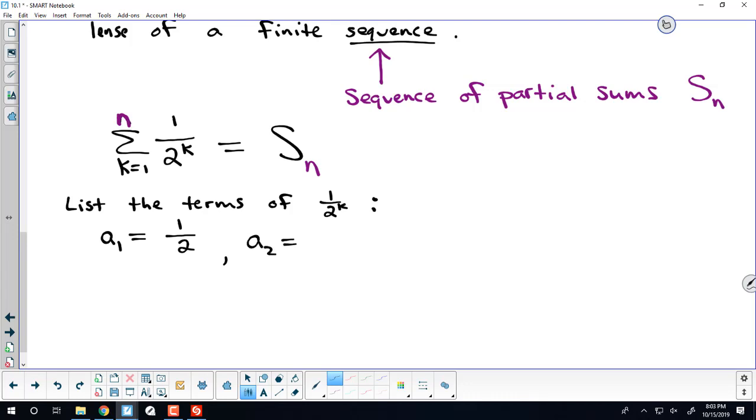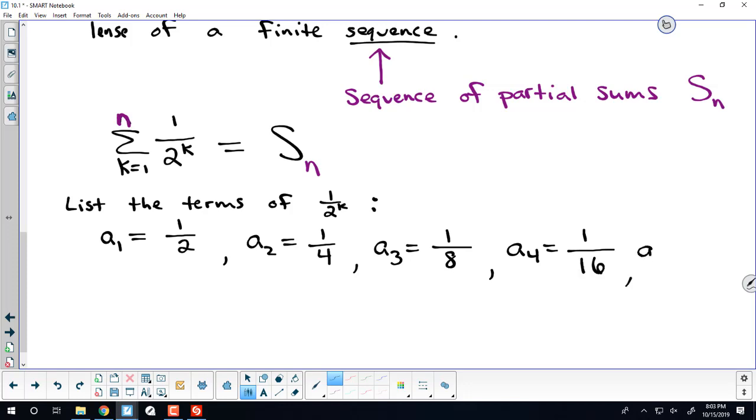The second term would be 1 over 2 to the second, which is 1/4. The third term, 1 over 2 cubed. Fourth term, 1 over 2 to the fourth.